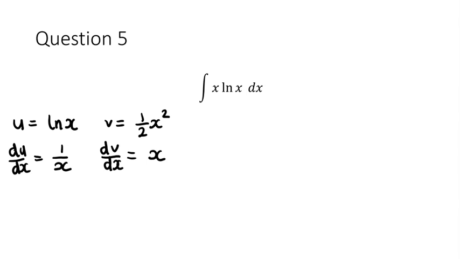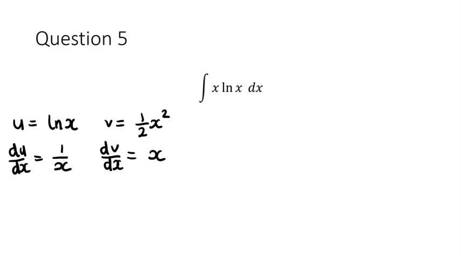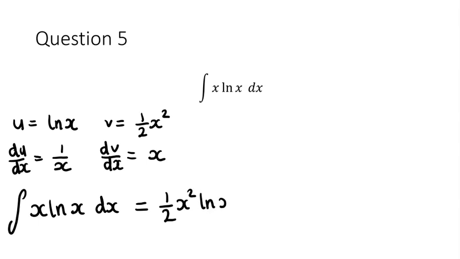So we're going to then use integration by parts. Now remember, integration by parts is something that you get in the formula book, so please refer to the formula book when you do this. When we do this, the first bit of the formula is U times V. So that's going to be a half x squared natural log of x.